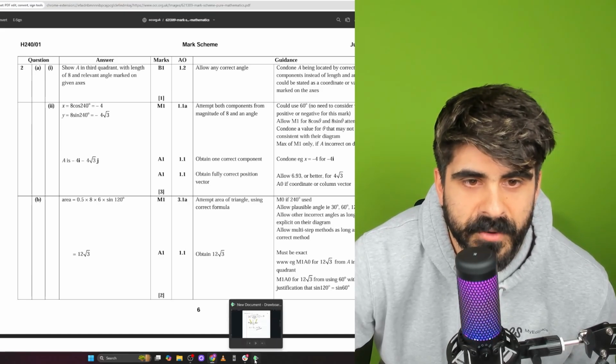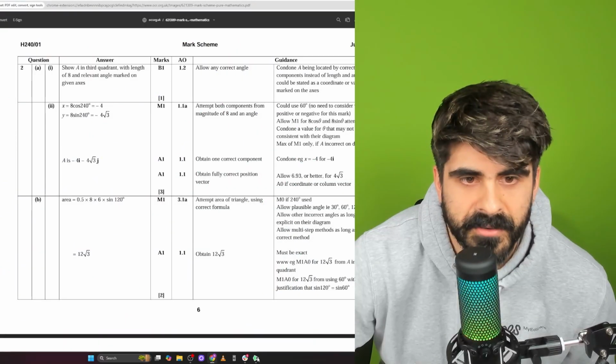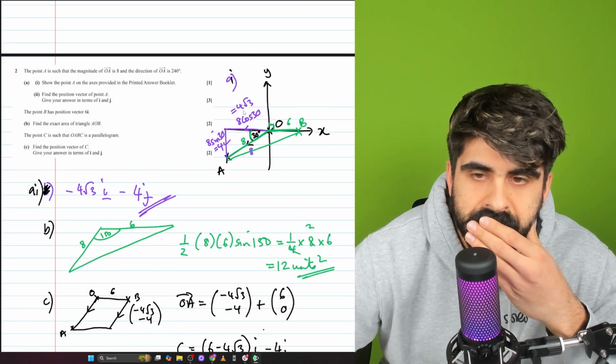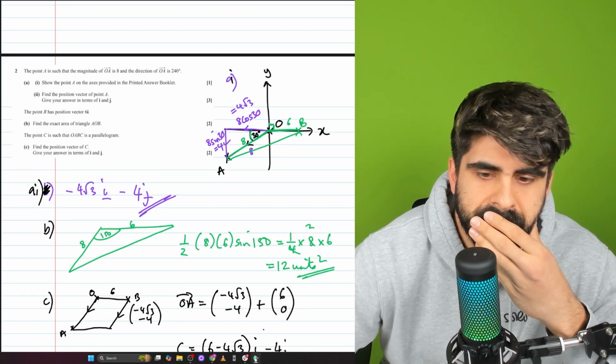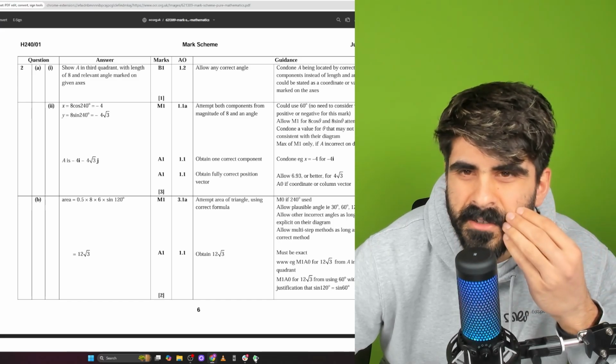Part 2, minus 4 root 3. Huh? Did I write it the wrong way around? No way. How have they drawn it?